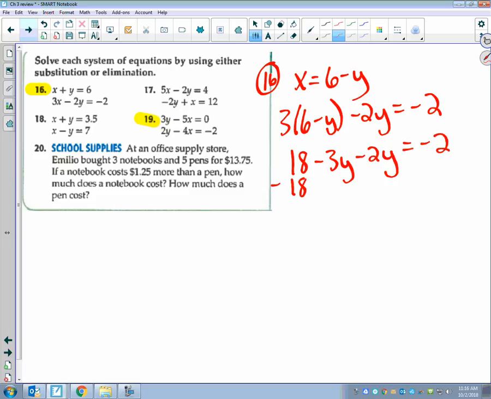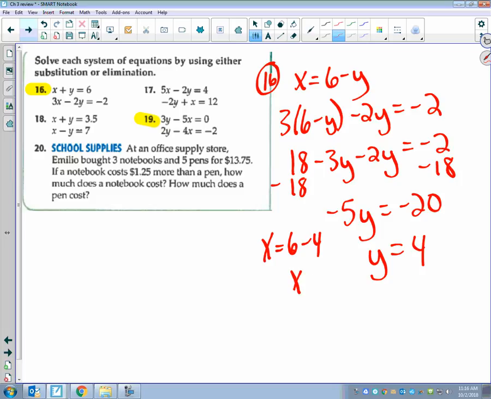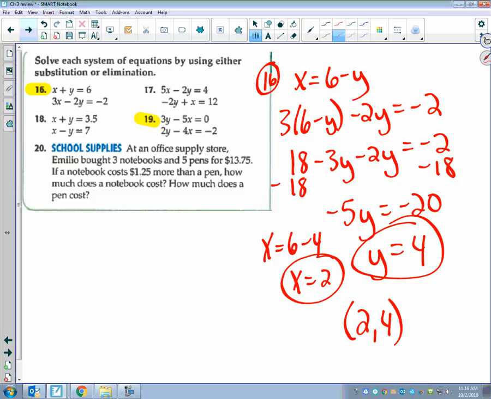So that would be 18 minus 3y minus 2y equals -2. And I'm going to go ahead and subtract 18 to get -5y equals -20. And I get that y equals 4. Plug that back into the top, and x equals 6 minus 4, so x equals 2.